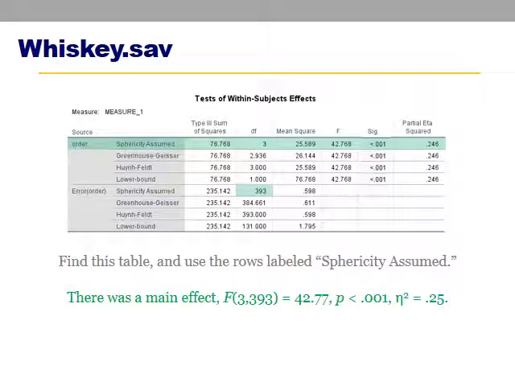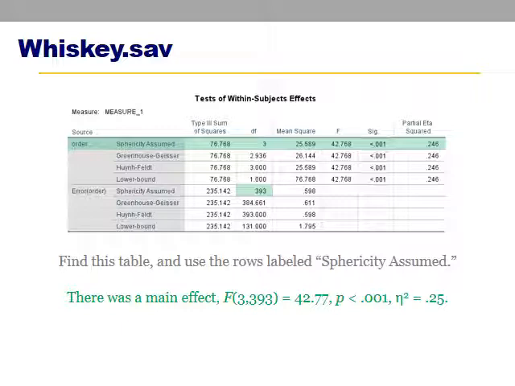In this case, our F statistic for our independent variable order is equal to 42.768, which will round to 42.77. As we saw last week, ANOVA requires not 1 but 2 degrees of freedom values. In this case, those values are 3 and 393.